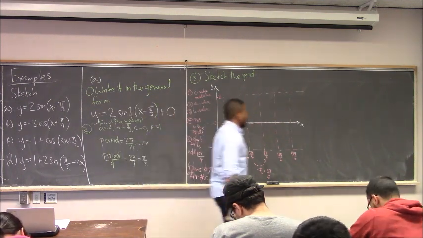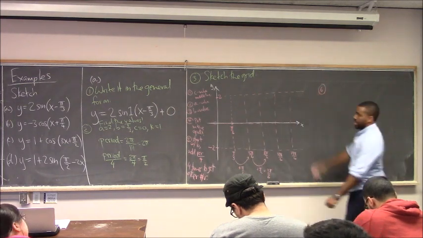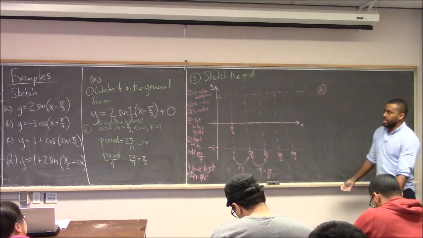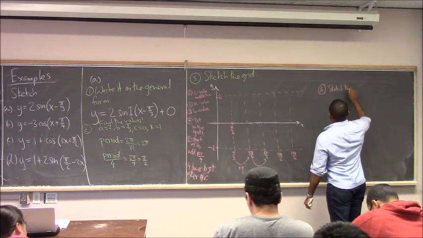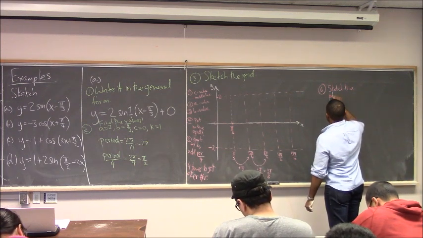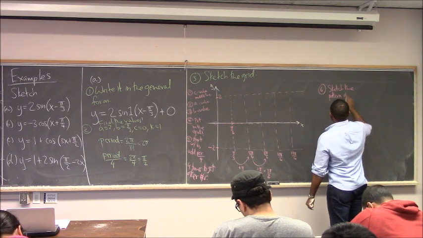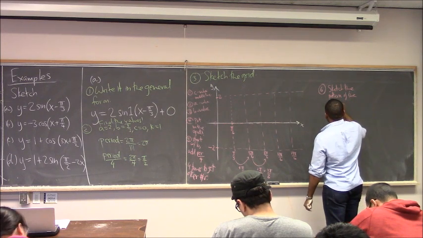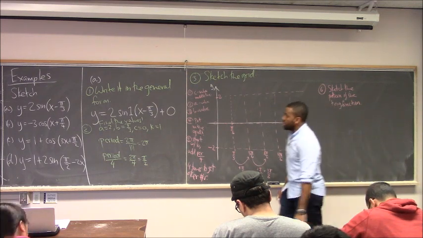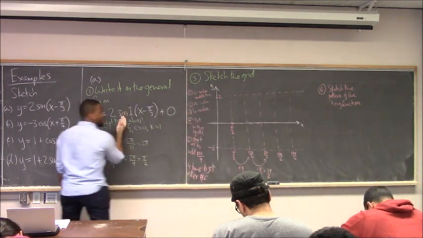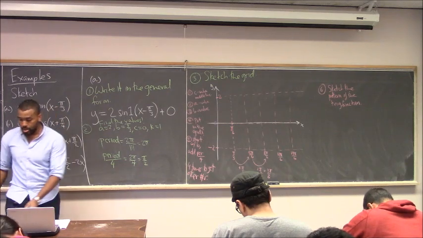And at this point, here is the 6th thing that you're going to do. Now you're going to sketch the pattern of the trig function. Now here, my function is a sine function that has a very specific pattern.